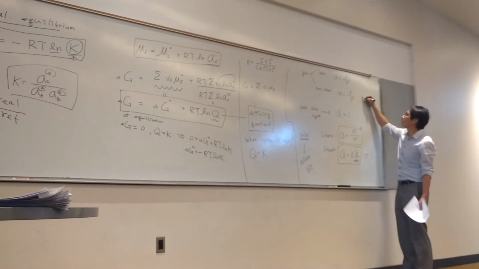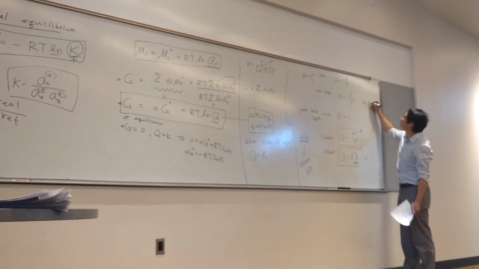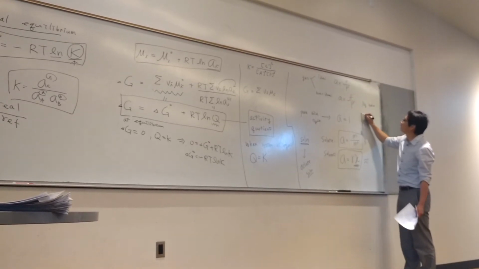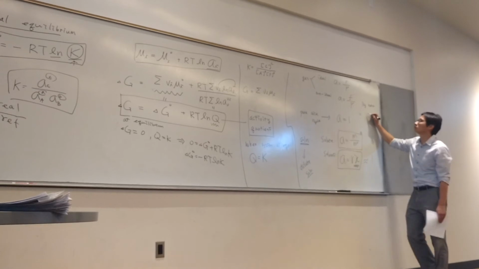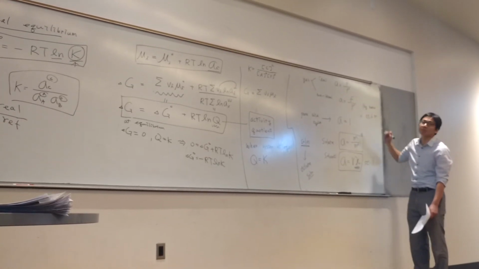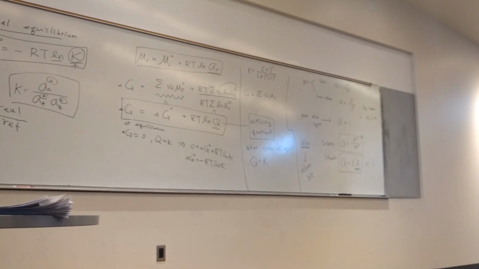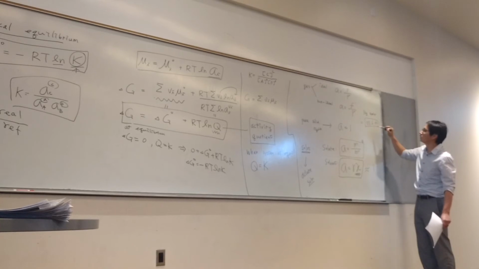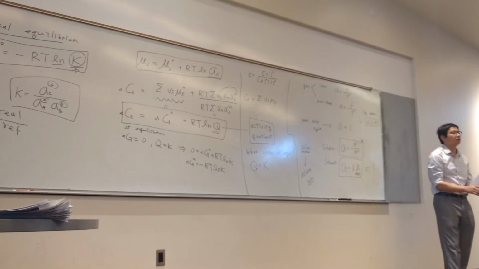If you have 1 kilogram of water, that's going to equal 55.6 molal. If you express the concentration of water in molality, that's the number you're going to get.